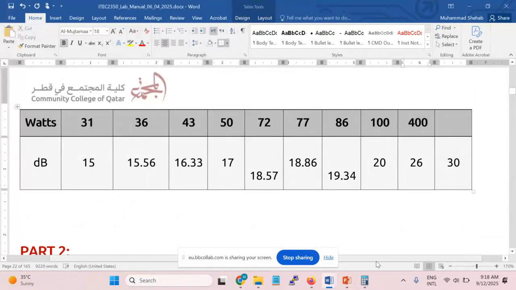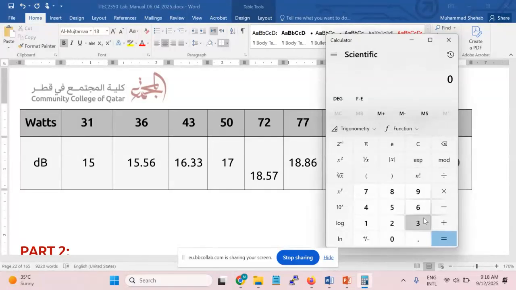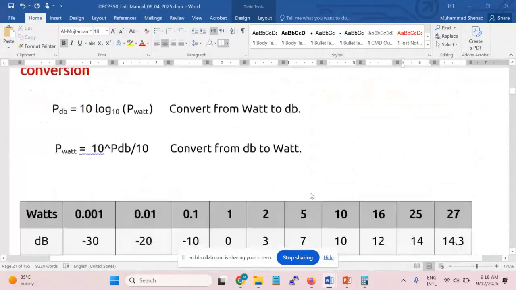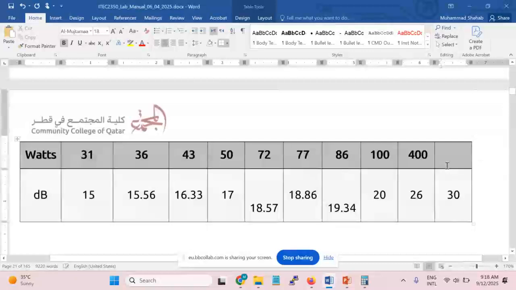Okay. 30 in dB, how much in watt? 30 divided by 10, how much does it equal? 3. 10 power 3, 1000. So this will equal 1000.